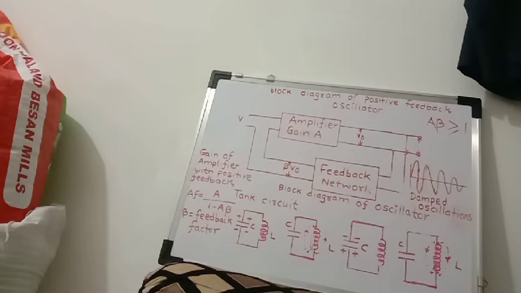Okay, so initially the capacitor discharges through inductor L. Then a magnetic field develops around this coil, and after one fourth cycle, the magnetic field starts collapsing and sends current, and since it sends current, this capacitor C charges again, but now with opposite polarity. Upper plate becomes negative and lower plate becomes positive.